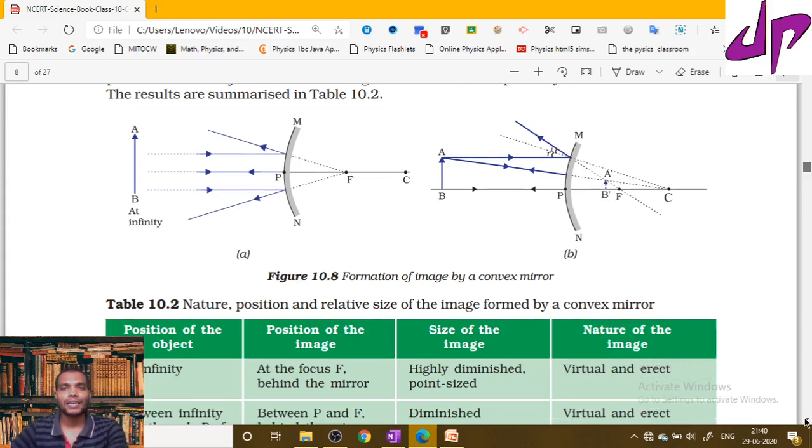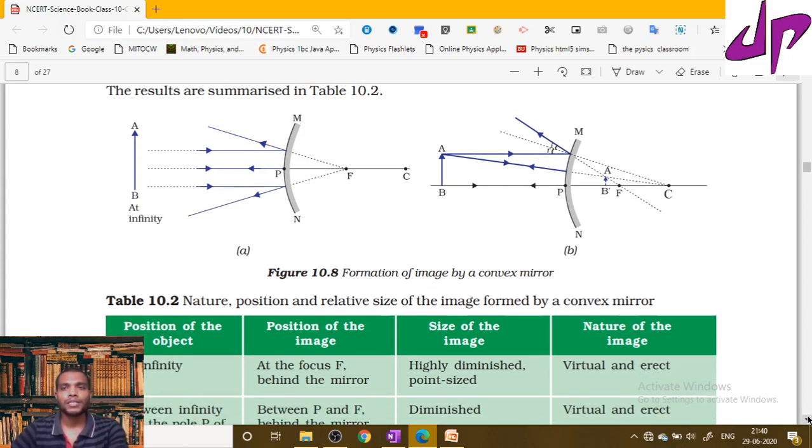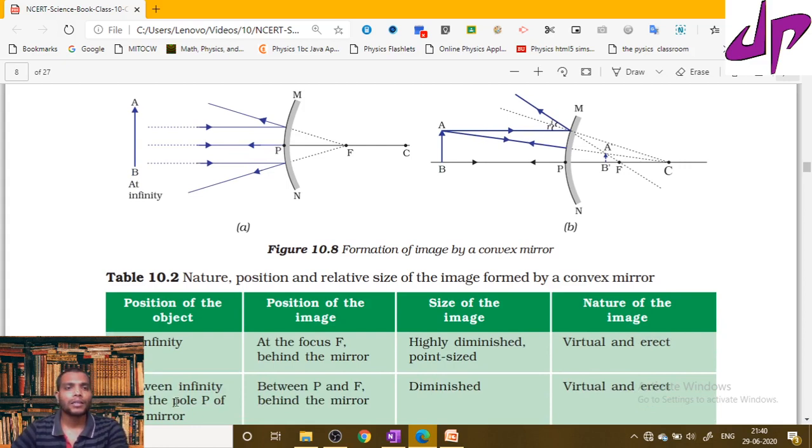Coming to the second case, if the object is between pole and infinity, it means we can take the object anywhere between the pole and infinity, and the image forms between pole and focus. Here you can see the small image A dash B dash, which is present between pole and focus.